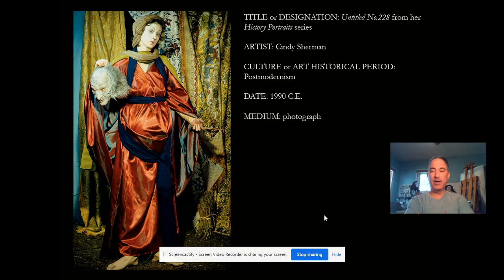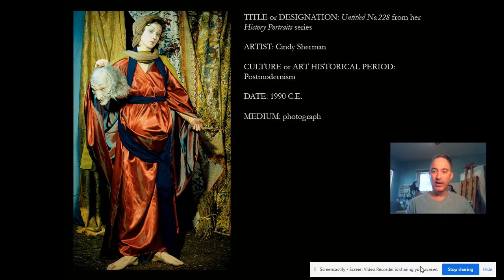Now, Cindy Sherman, like many artists, started by studying very classically oriented modes of creating art, that being painting. In fact, she started off as a hyper realist painter, but she became very bored with it and didn't really know how to say anything or express herself with it.